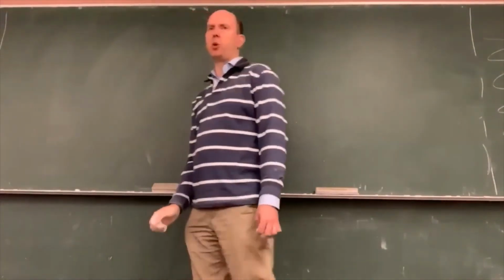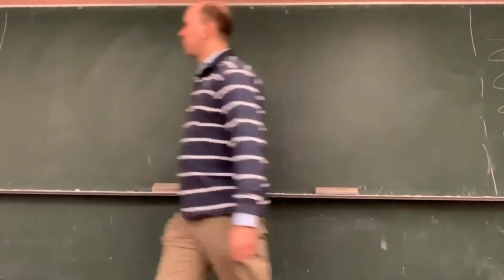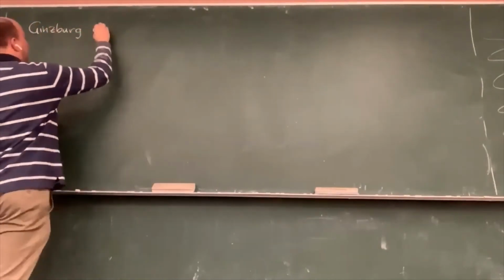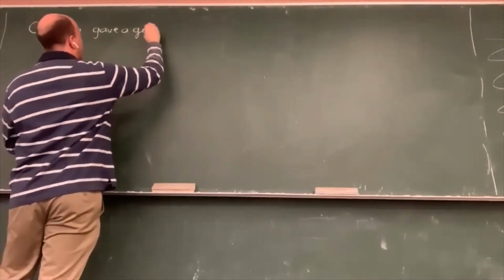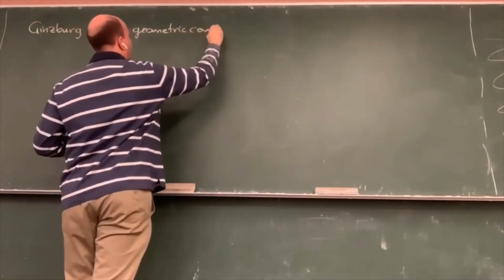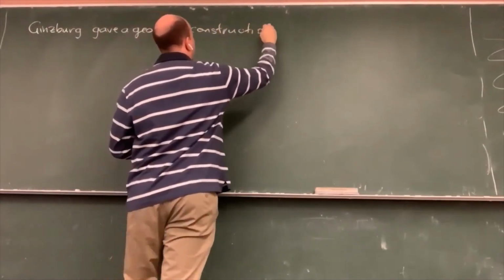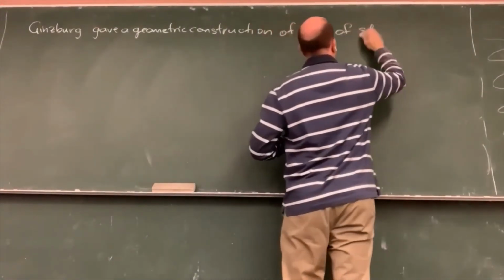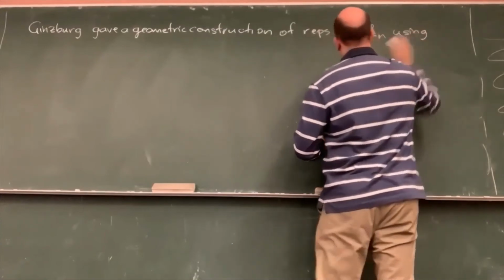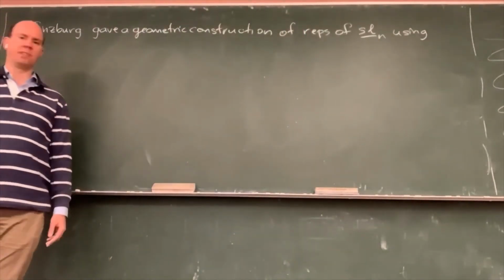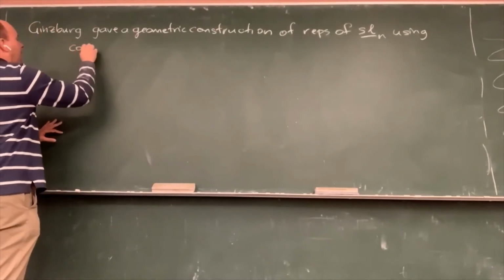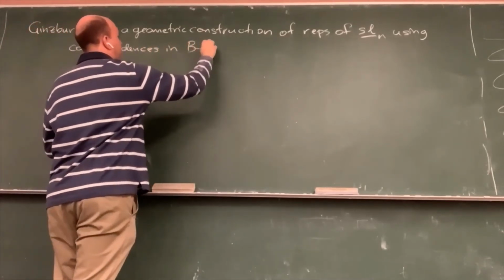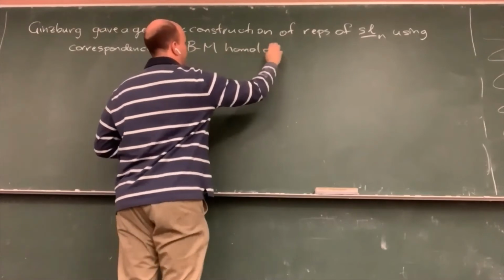But an earlier well-known example of correspondences in Borel-Moore homology being used to give a geometric construction of representations was Ginzburg's geometric construction of representations of the Lie algebra SLN, where the generators acted by correspondences in the sense that I've defined, in Borel-Moore homology of generalized Springer fibers.